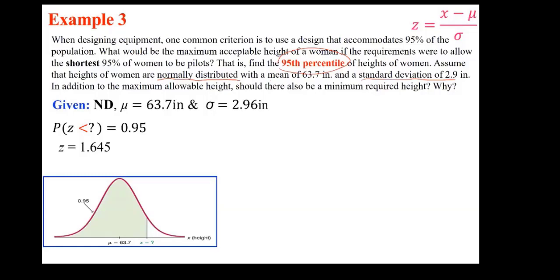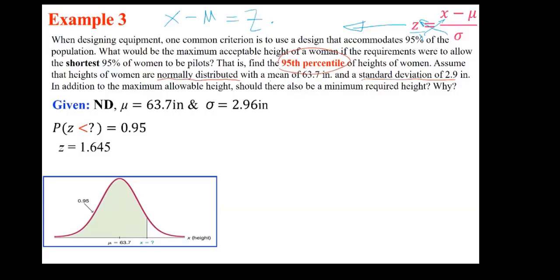X. What I'd like you to see here is that Z score is given as X minus mu over sigma. If we do the cross product, this is Z over 1. So if I do this cross product, 1 times X minus mu is equal to Z times sigma.